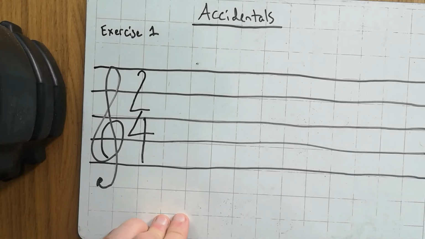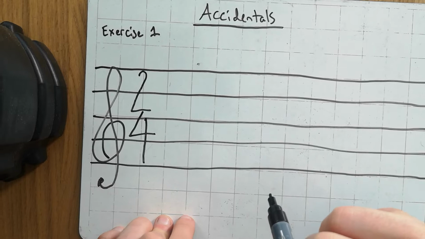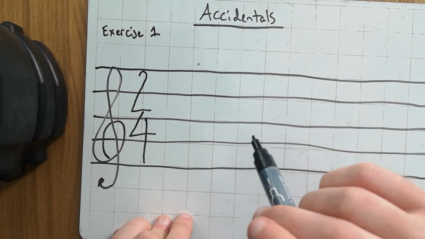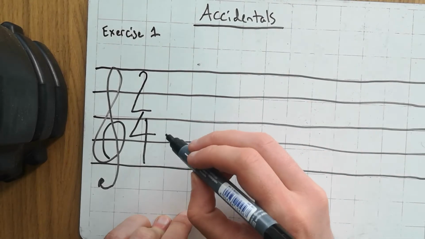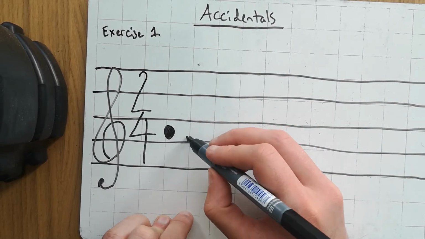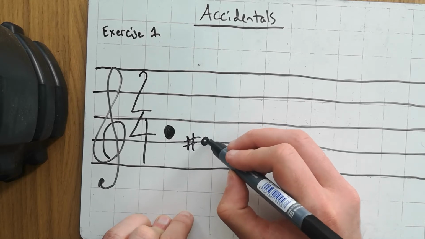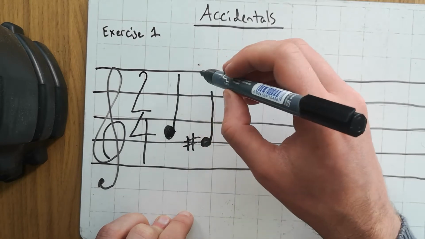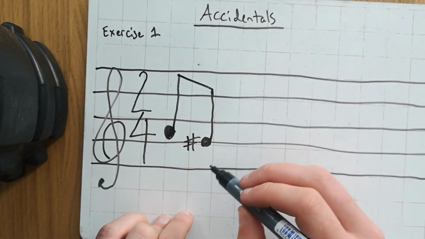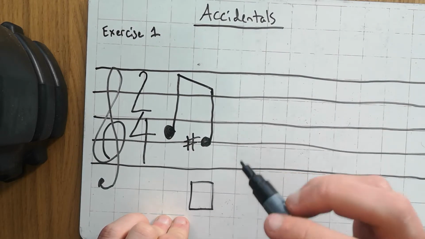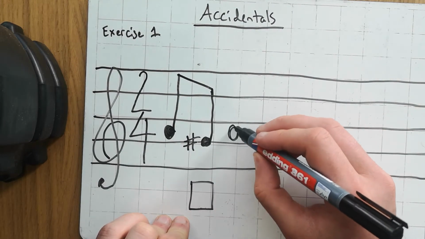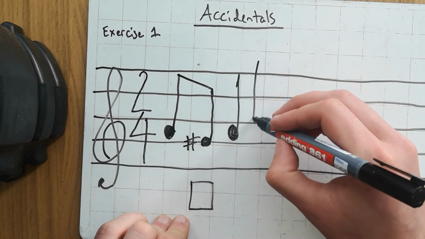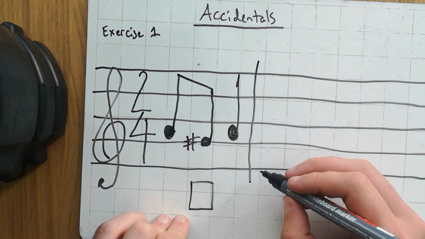Okay, so we're going to do some exercises now. I'm going to write out a passage of music, and I'm going to put some sharps or flats or naturals in there, and I want you to just write in the notes that I'm indicating. Remember we're in the treble clef, so you need to remember how to work out notes in the treble clef. Okay, what is this note here?